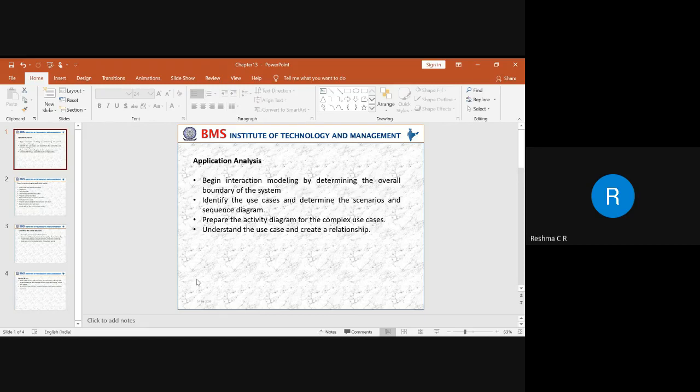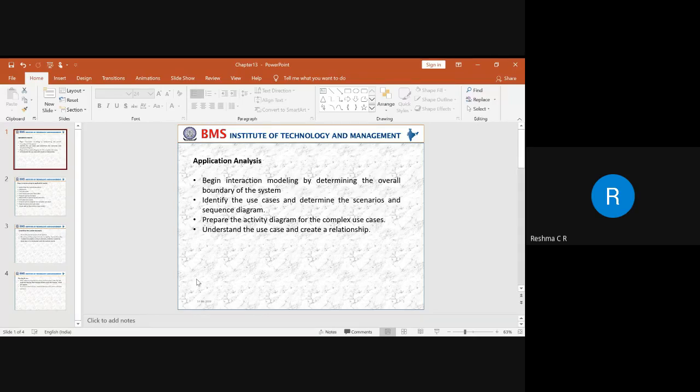When we begin with the interaction modeling, we need to identify the boundary of the system. That means whenever a problem statement is defined, first we need to define the boundary of the system or the scope of the system.